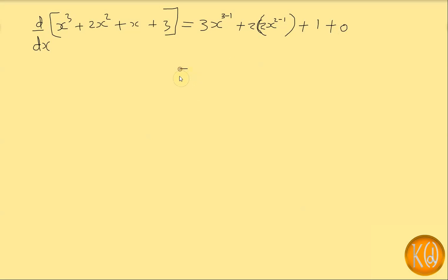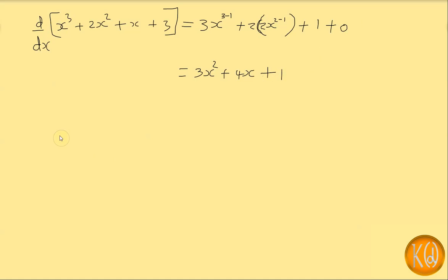Now we can just simplify that, so that's 3x squared, 3 minus 1 is 2, that's plus 4x, because 2 minus 1 is 1, so that's just x to the 1 power, which is x, 4 times x, 4x, plus 1, and of course we don't have to write back that 0.